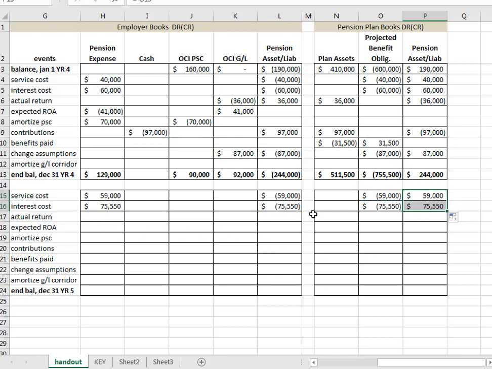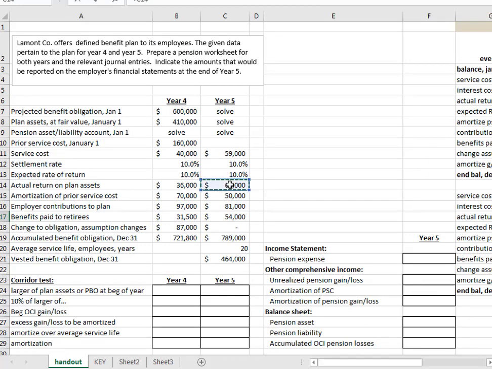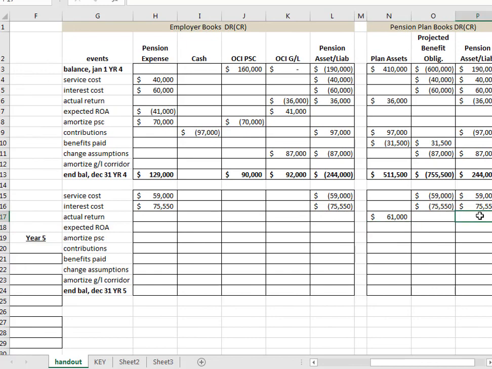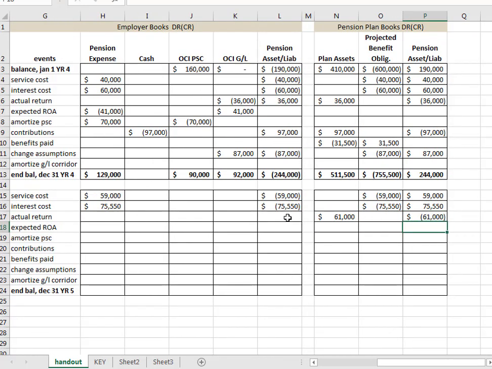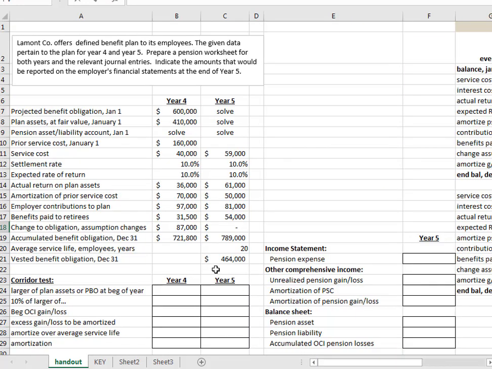All right, the actual return on assets, which they give us, gets recorded here. And then of course it impacts OCI, and I'm going to put it in OCI, and then I'm going to put the expected here and then put that in OCI and let the 2 net.